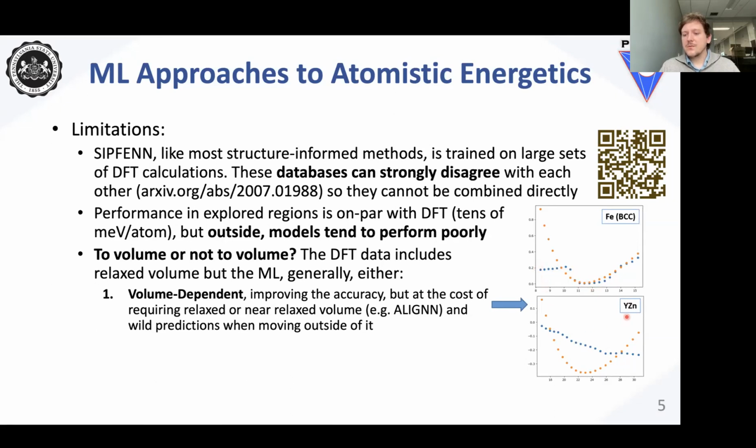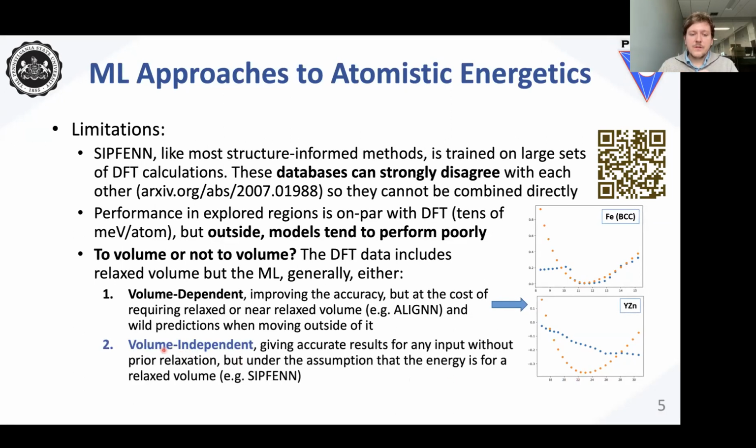And sometimes if we present it a structure which is in the same database, but the model wasn't trained on it because it's a newer one, the model can think that the relaxed volume is very far off compared to the relaxed volume in the database. And then these results clearly show that you cannot relax volume itself with this kind of model. And why is that? That's because if you train only on the relaxed volumes, the models are generally going to associate that with the main factor that affects the energetics. And then within PySIPFENN, we are volume independent.